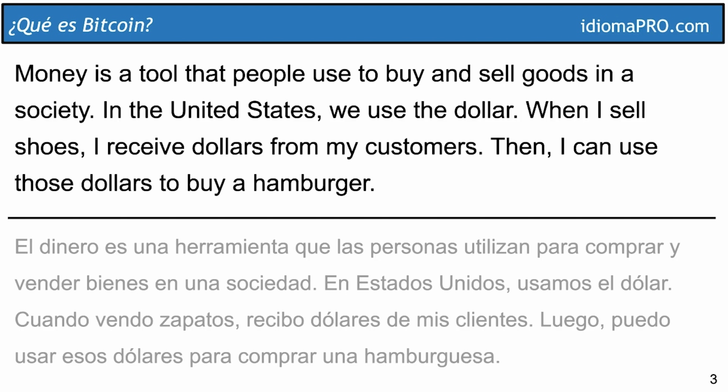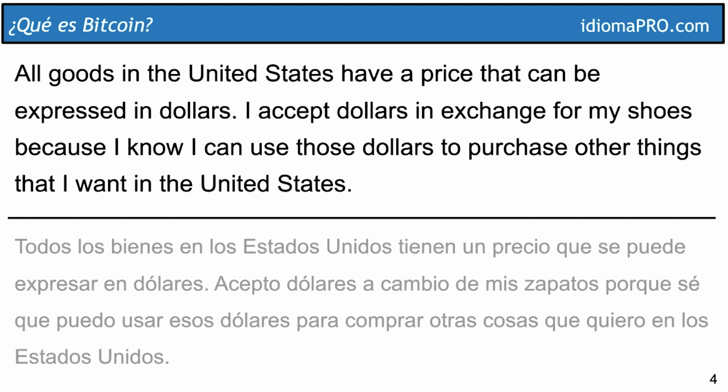In the United States, we use the dollar. When I sell shoes, I receive dollars from my customers. Then I can use those dollars to buy a hamburger. All goods in the United States have a price that can be expressed in dollars.